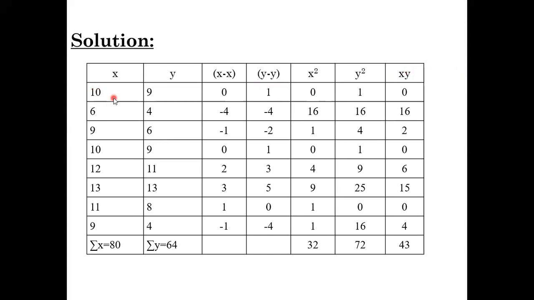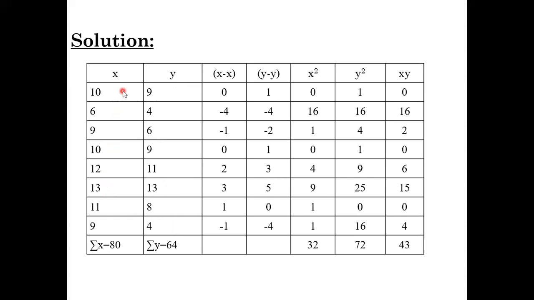Then we write the values of the X variable: 10, 6, 9, 10, 12, 13, 11 and 9. Similarly, the Y variable values are 9, 4, 6, 9, 11, 13, 8 and 4.